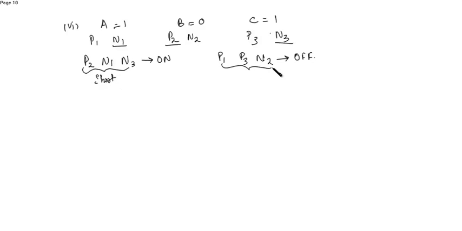So this is short and this is open. So now P1 is open, P2 is short, P3 is again open. This is 1, 2, 3. N1 short, N2 open, N3 short.